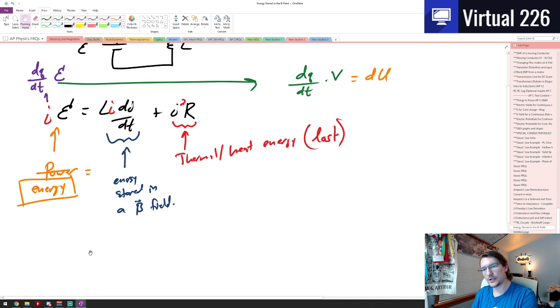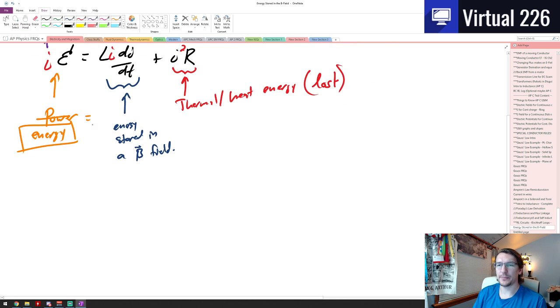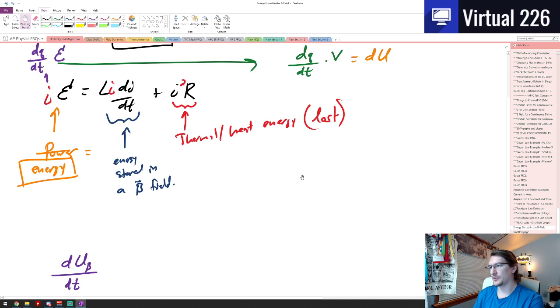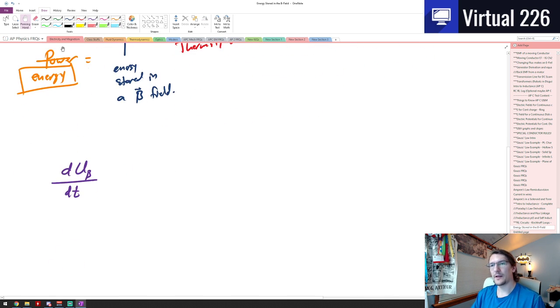So if we take a look at that small piece of energy and we compare it to what we're storing in the B field, we can say that a small portion of energy for the B field, as a function of time dt, is going to be equal to L i di/dt.